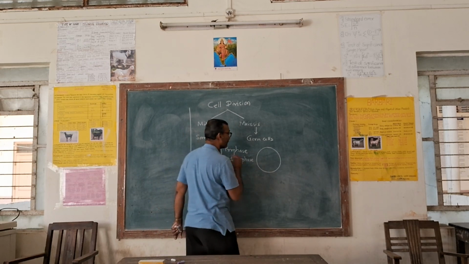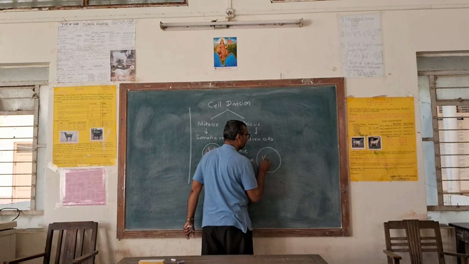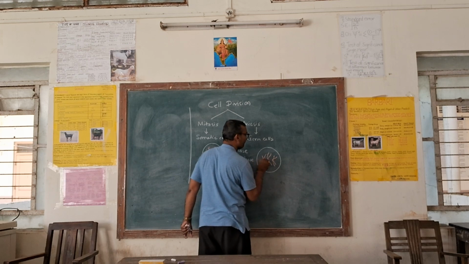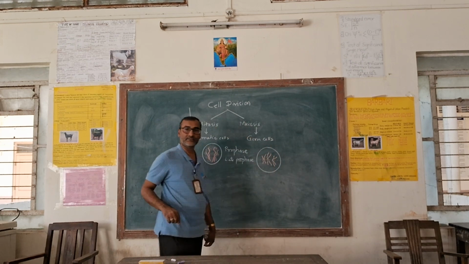And these chromosomes are arranged at the equatorial plane. This is the equatorial plane. Okay.